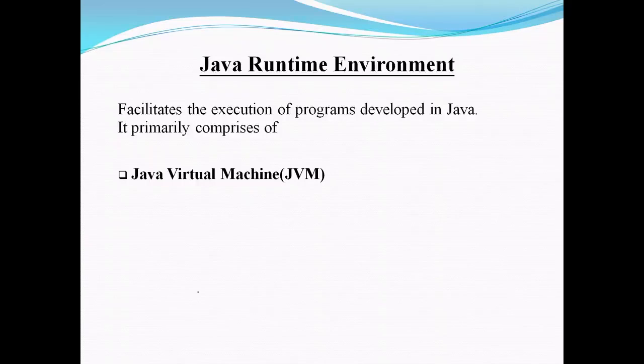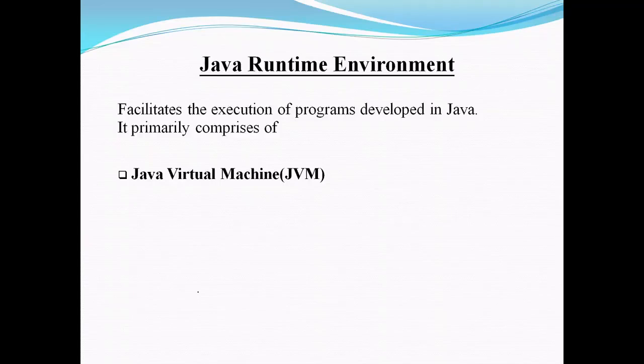It includes the Java virtual machine, and this Java virtual machine is a program that interprets the intermediate bytecode and generates the desired output. It is because of bytecode and this JVM concept that programs written in Java are highly portable. This JVM actually makes Java a portable language.